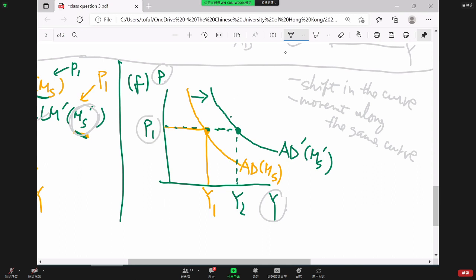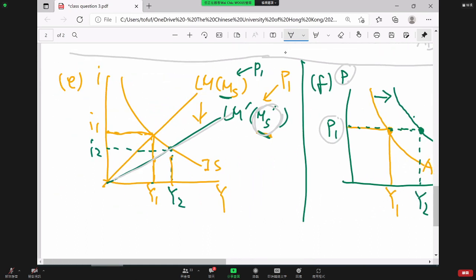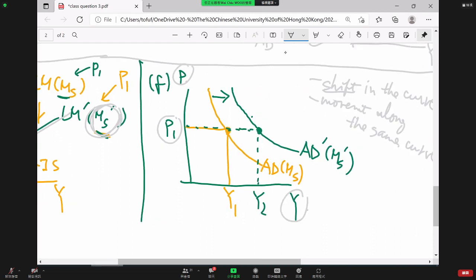But to shift the curve, other things change, meaning all non-price factors. Here, the change is exactly a non-price factor, money supply increasing, so it will shift the curve.